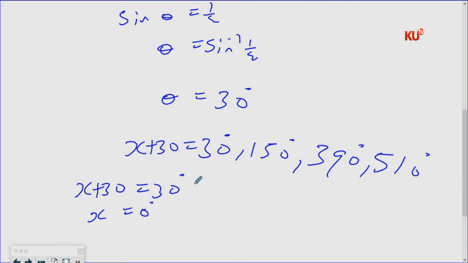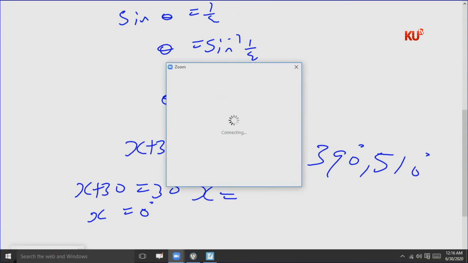I don't know if you should have 0, because 0 means nothing. So we shall have our x is equal to, let's get the next angle here.